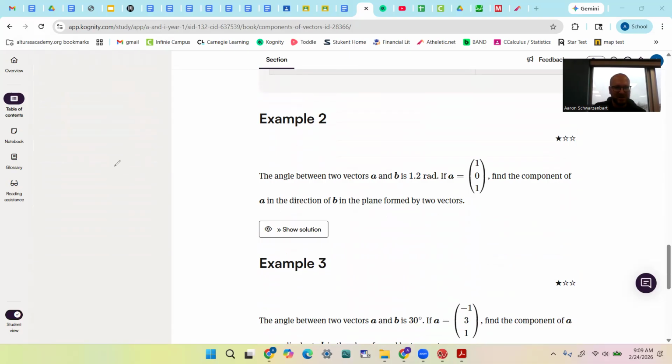So we know magnitude of A is square root of 2. And I believe I can do square root of 2 cosine of 1.2.